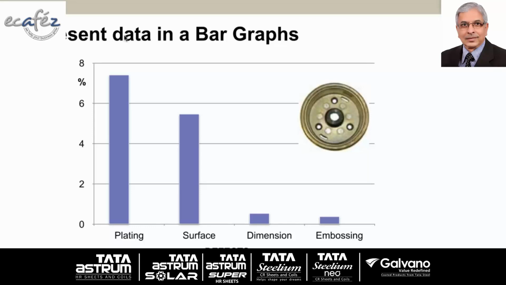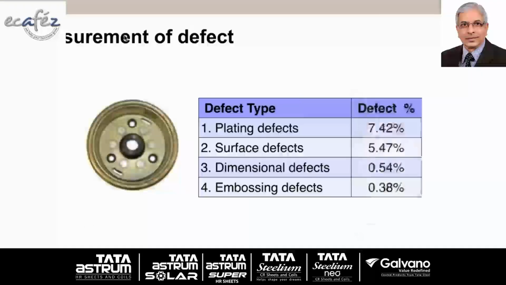So the visual display of defects using the bar graph helped a lot to communicate with the operators. These were displayed on notice boards on the shop floors, so that each operator was able to understand what percentage of problem is coming.